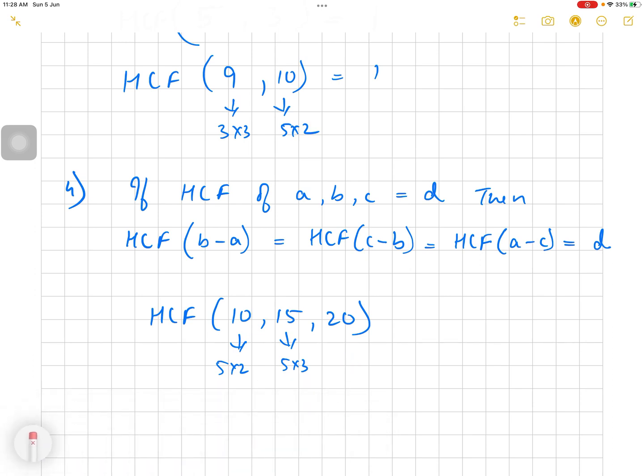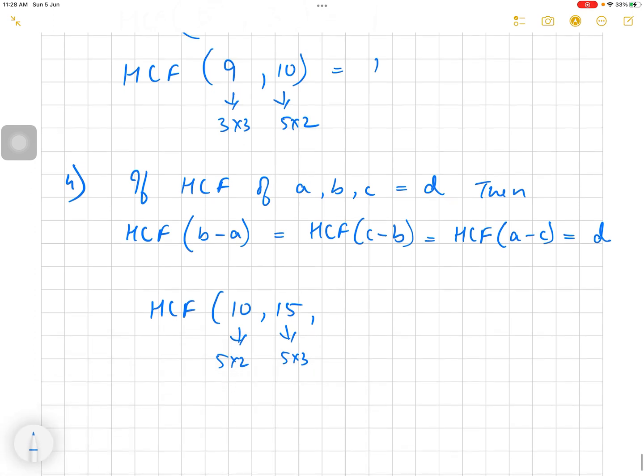I'll take some other number. 5 into 5, yeah, I'll take 25. Okay, 10, 15 and 25. So factor of 25 is 5 into 5. So common here is only 5, so D will be 5. Correct? So the smallest number is A, the bigger number is B, and the biggest number is C, and this is my D.